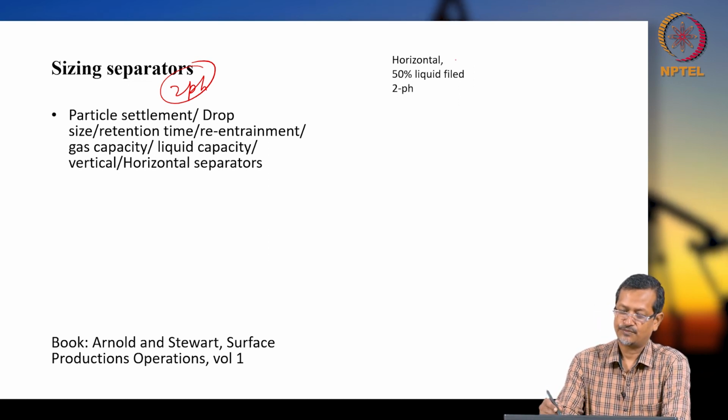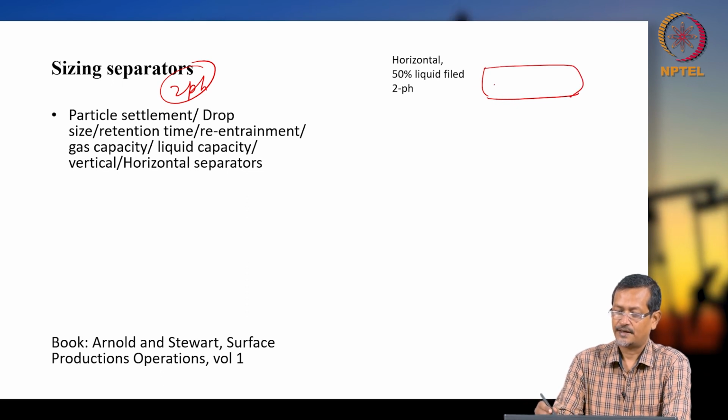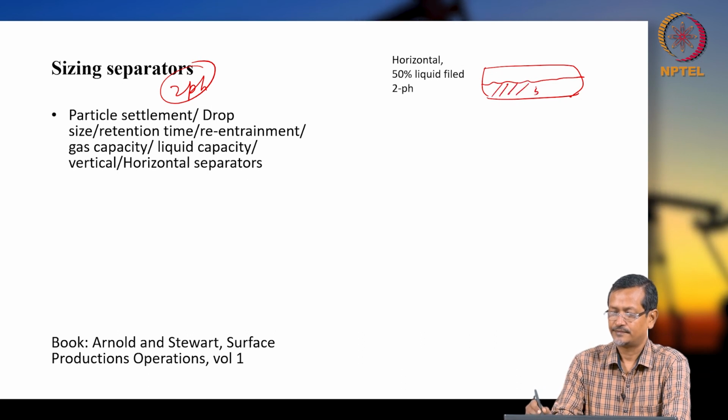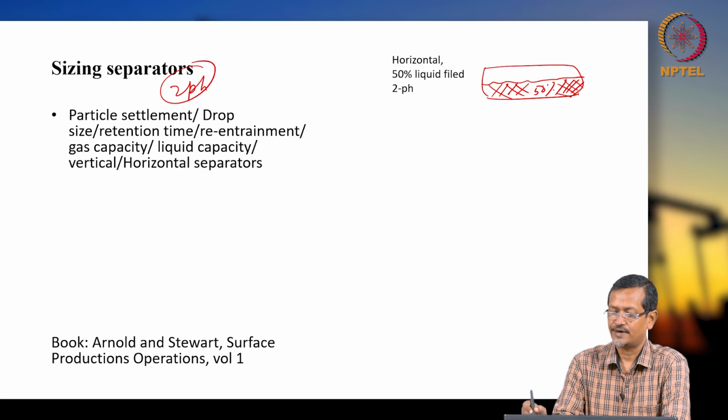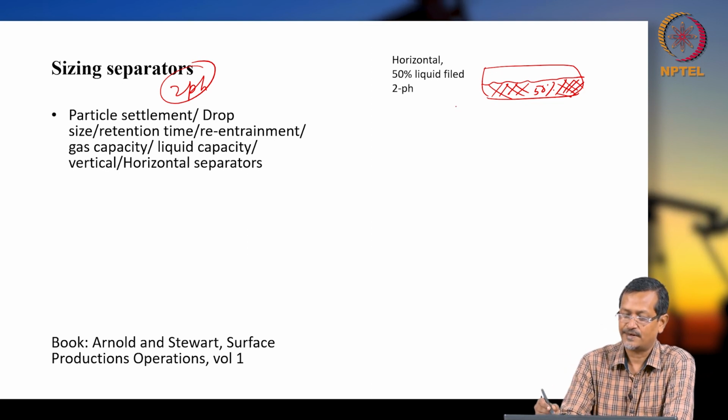Let's first assume a horizontal separator like this, and we will assume 50% liquid. You can assume different fill levels, but we assume 50% because we get more surface area if it is 50% filled.